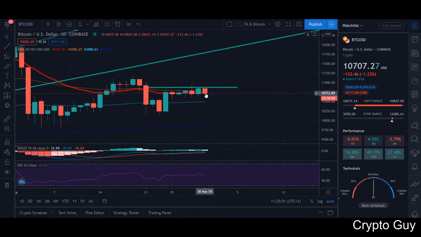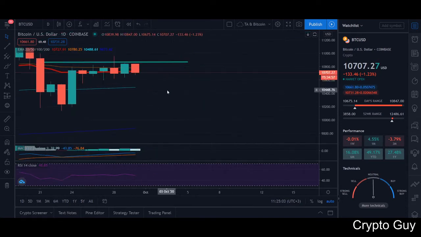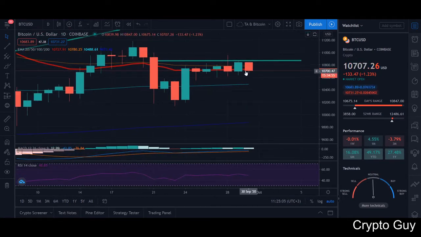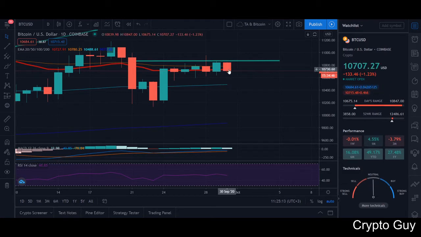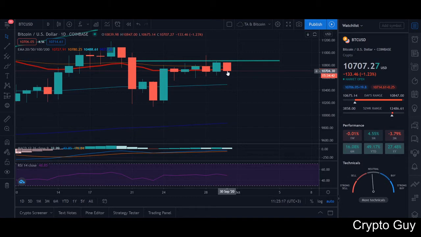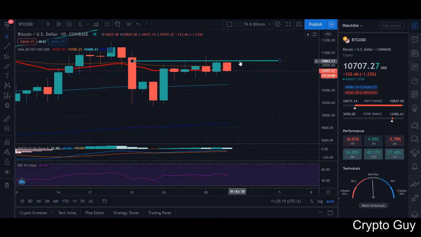And now it's coming back and sitting on the 20 EMA, and now we are in no man's zone. It can go up, it can go down. And I will say again that my bullish target at the moment, the price is 10,707, and the price can rise until 10,850 something.